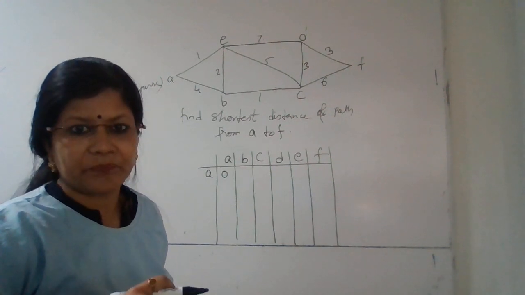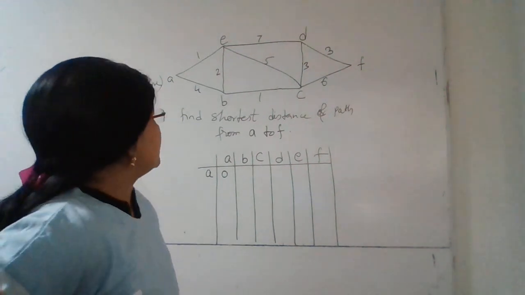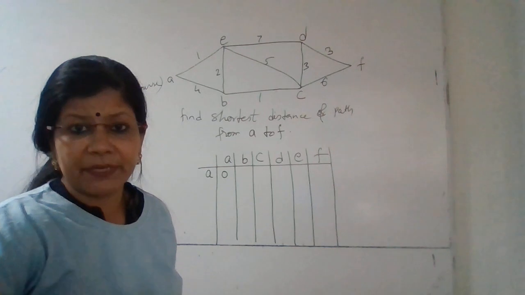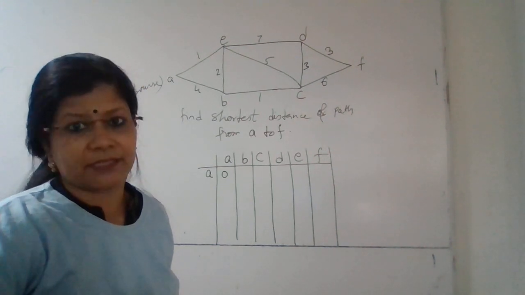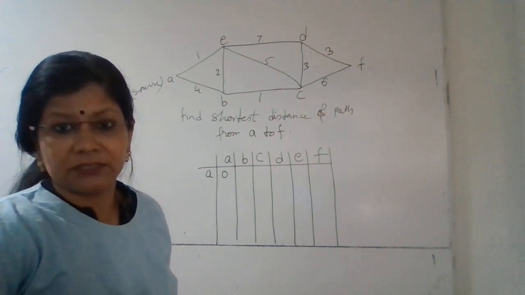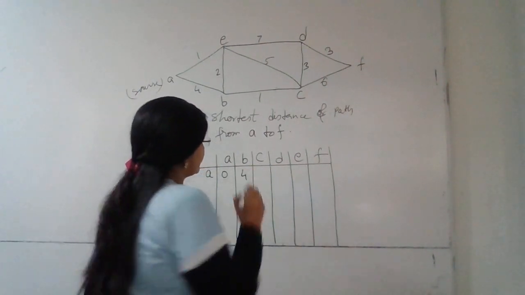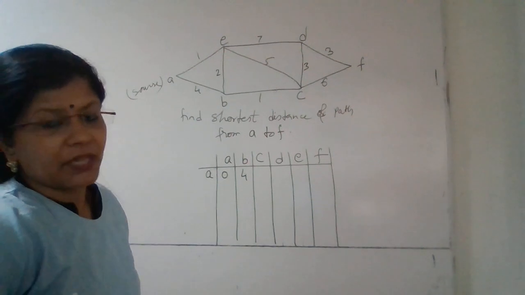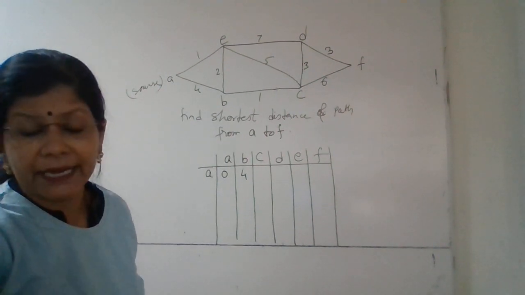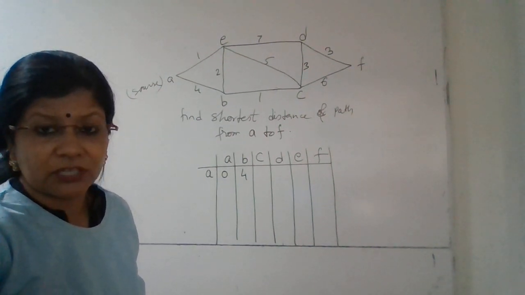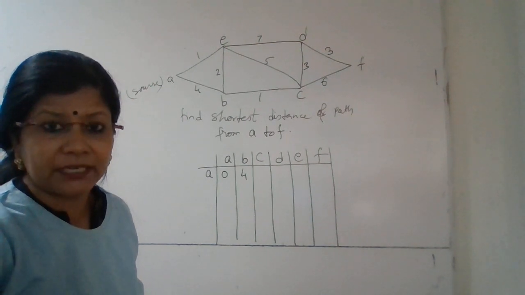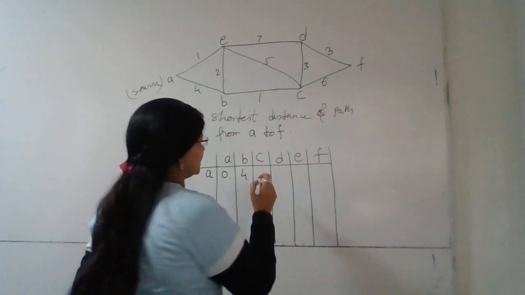A to B: we see that A and B are adjacent vertices, so the distance from A to B is 4. A to C does not connect directly, so the distance is infinity.